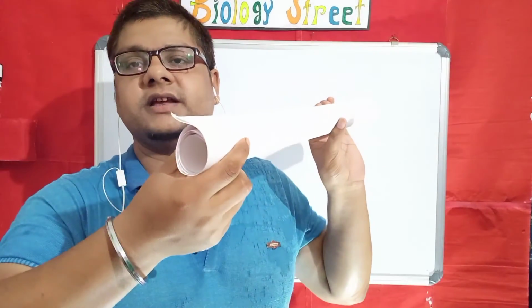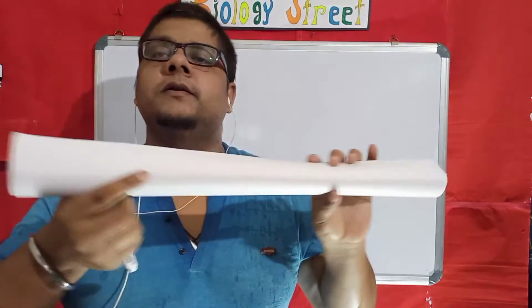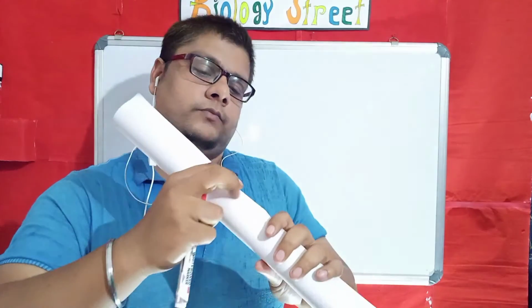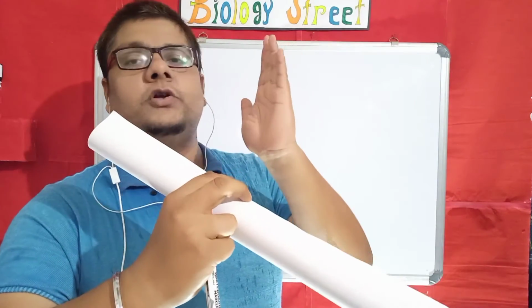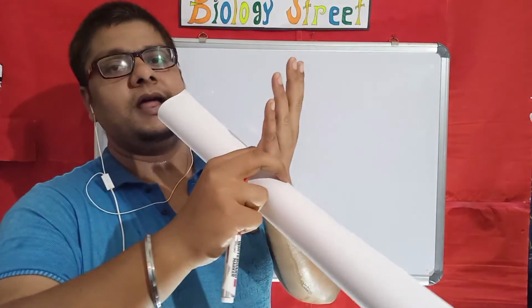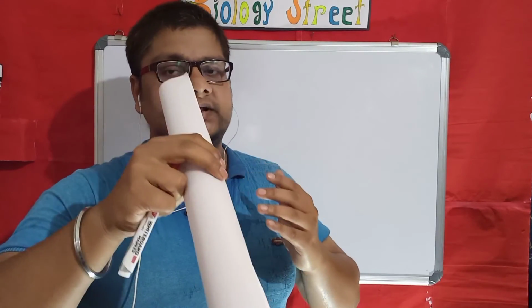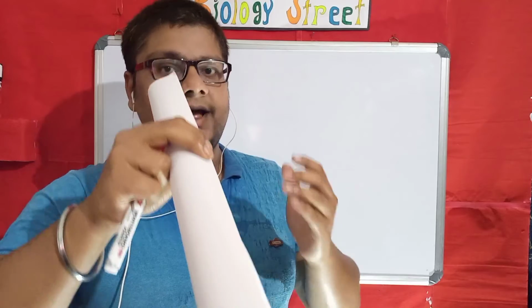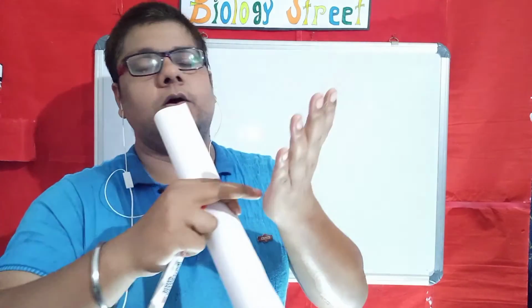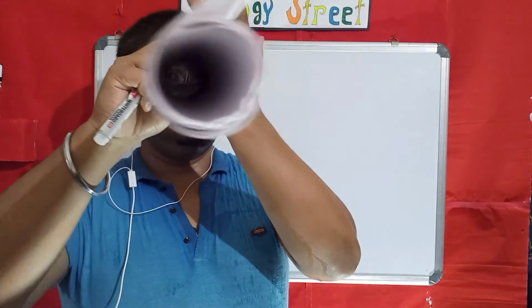Make a pipe-like structure with a page or with your copy. Now hold it like this and put your left hand over here. Now through this hole put your right eye, fix it in this hole, and concentrate with your left eye on your hand.